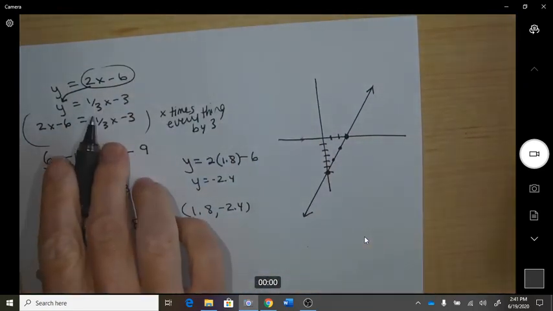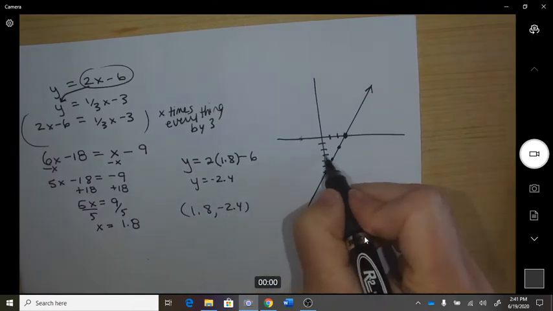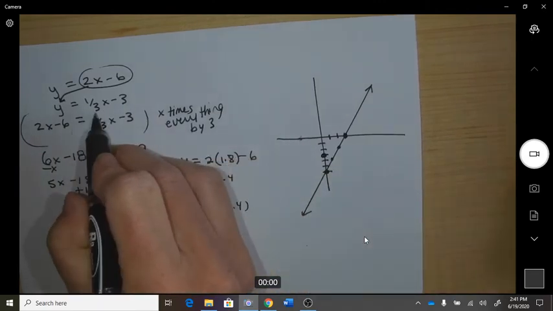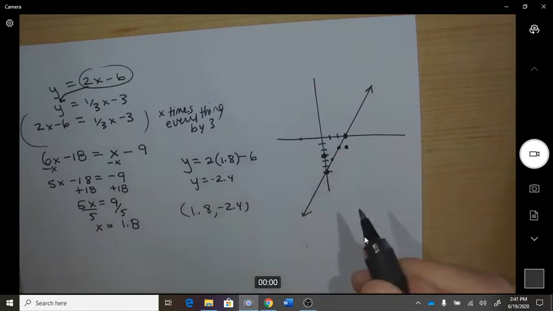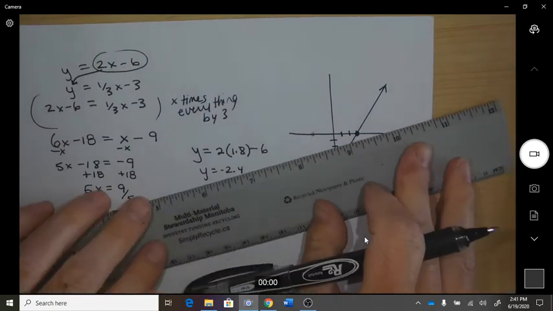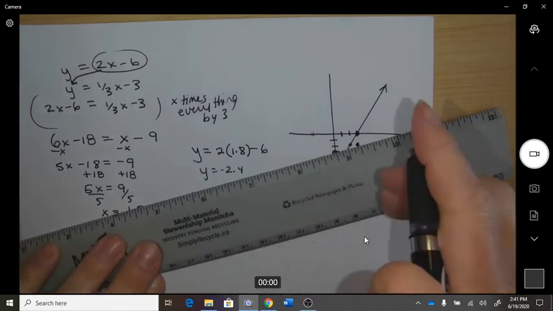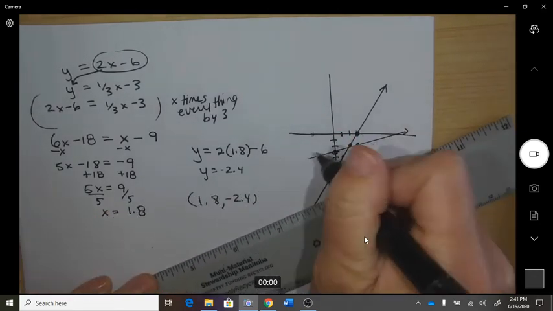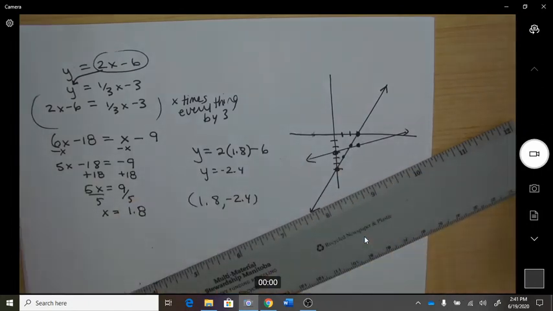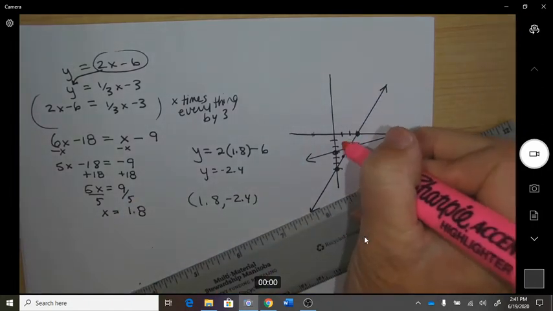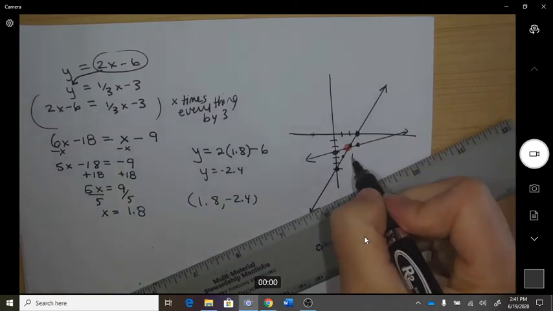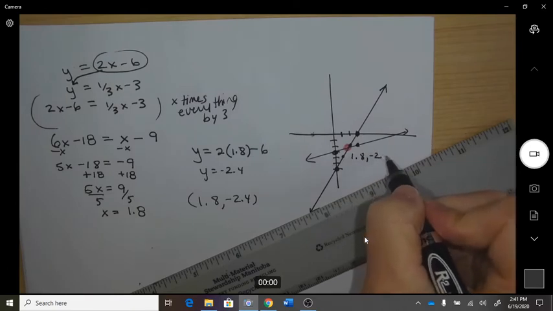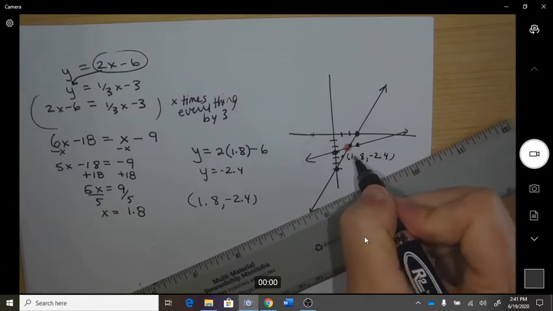And then this starts at negative 3, and you go up 1, right 3. So you can see their intersection point is not on an exact whole number coordinate, but you can see that 1.8 comma negative 2.4 makes sense.